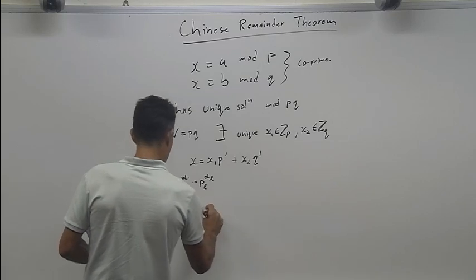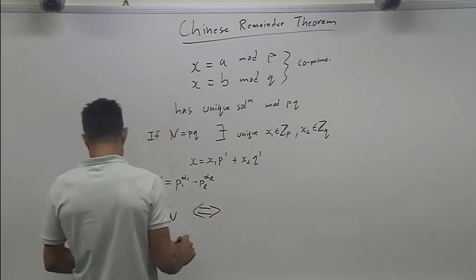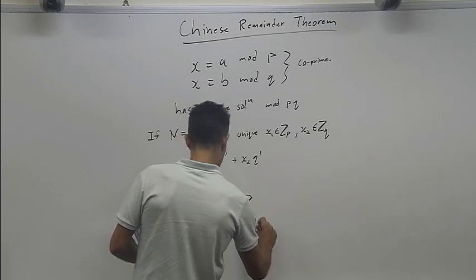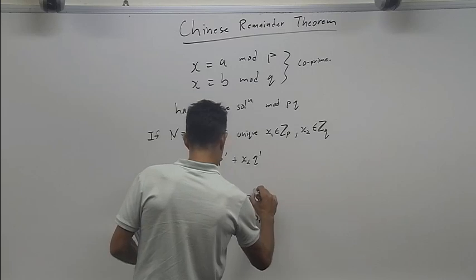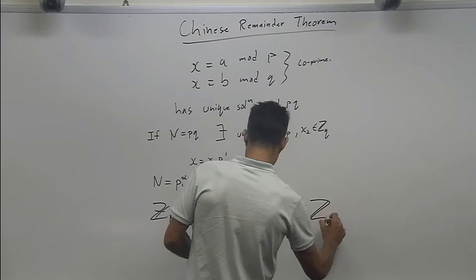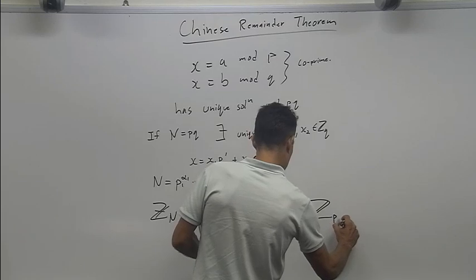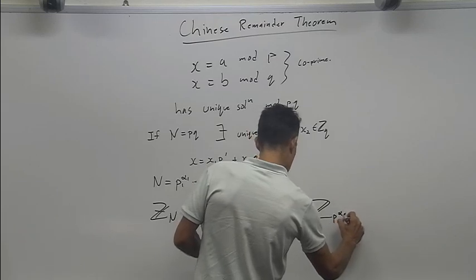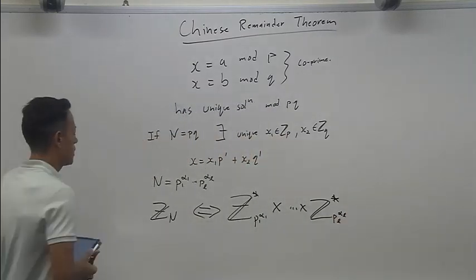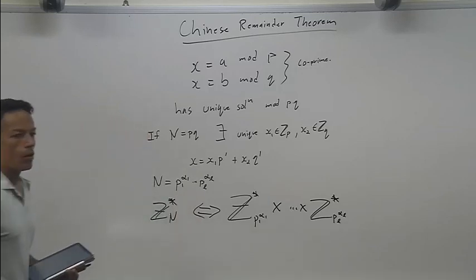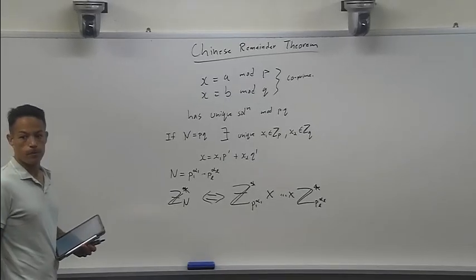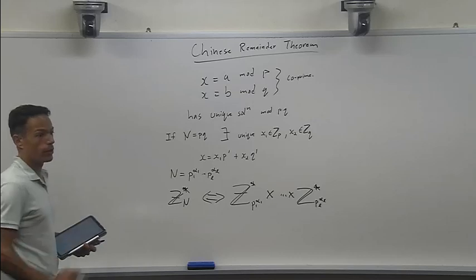and Zn is isomorphic to the product of the Z of the prime powers, this means that we can work in Zn, this is Zn star, or we can work in the prime components-wise and then recombine using Chinese remainder theorem.